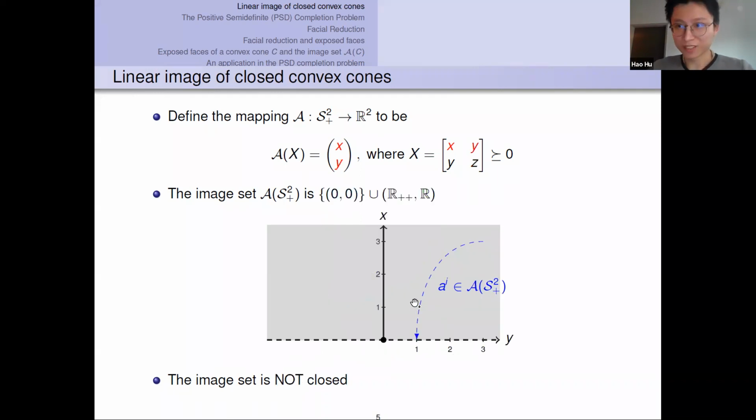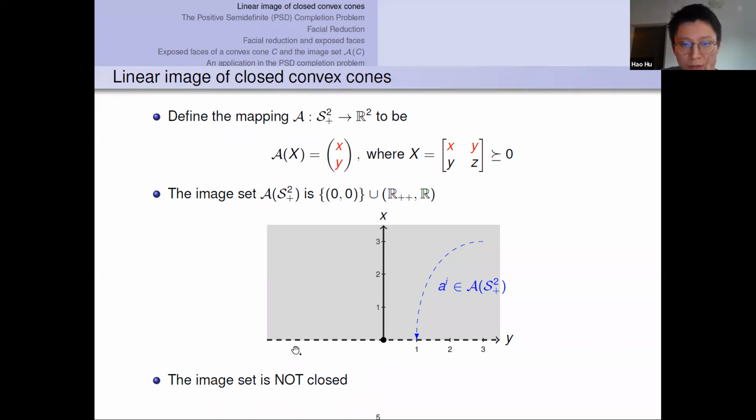As a counterexample, the image set of this linear mapping here is not closed. Instead of mapping the diagonal elements X and Z, we instead map the first row, X and the off-diagonal entry Y. Now the image of the PSD cone under this linear mapping is the union of the origin (0, 0) and the set of points positive in the first entry and real numbers in the second entry.